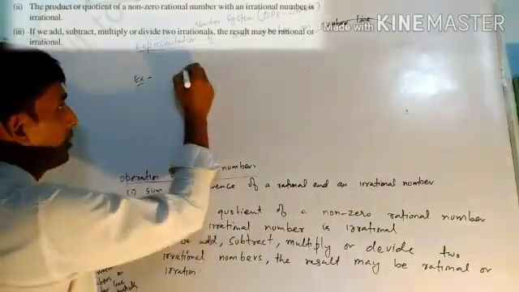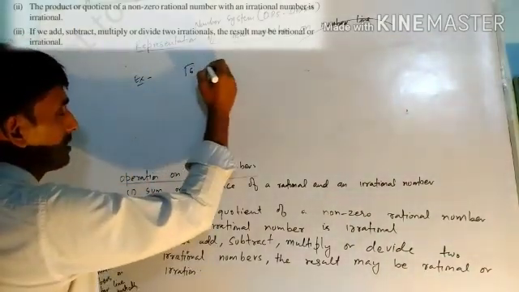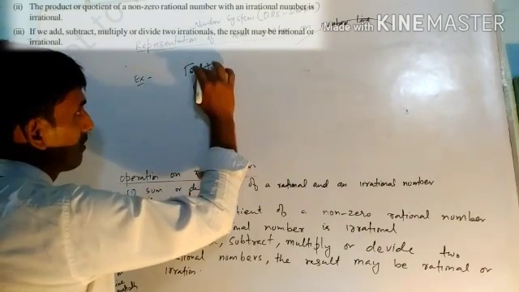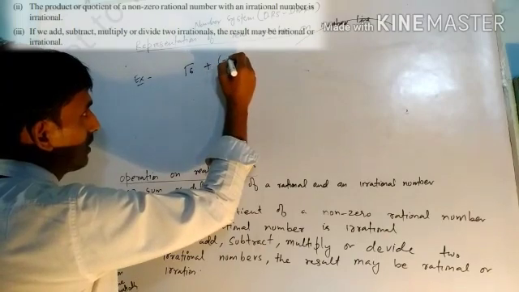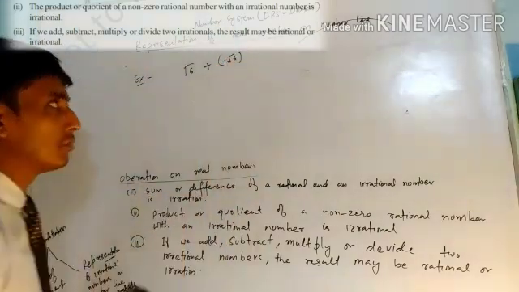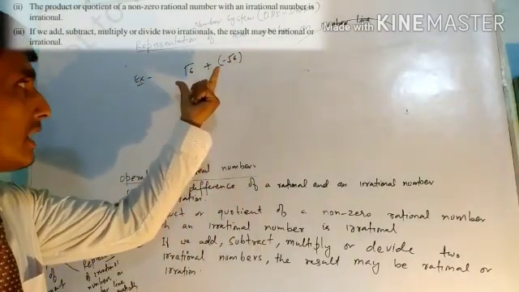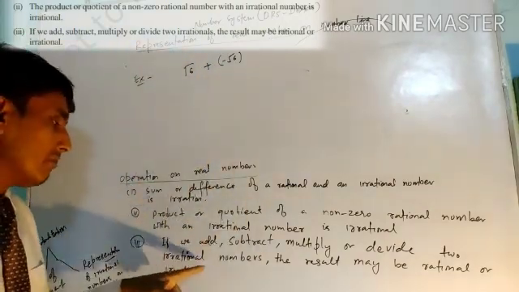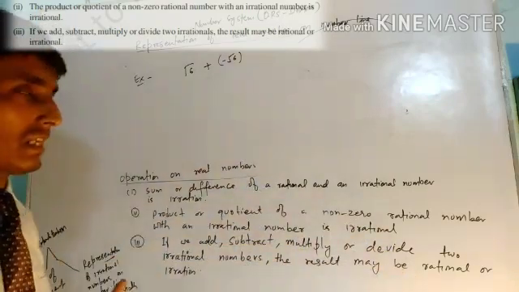So if you are adding both irrational numbers, suppose this is root 6 plus minus root 6, both are irrational. If you are adding, you can get a rational number as well as irrational.